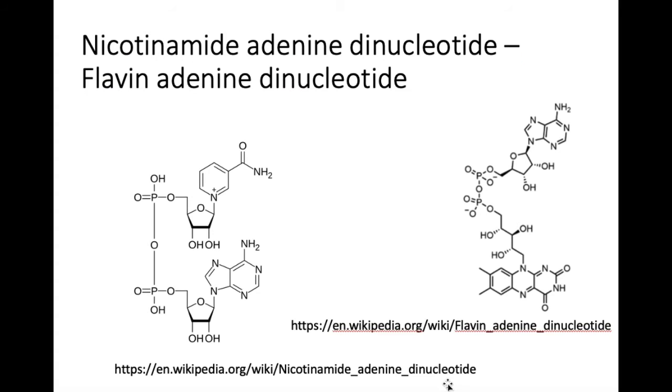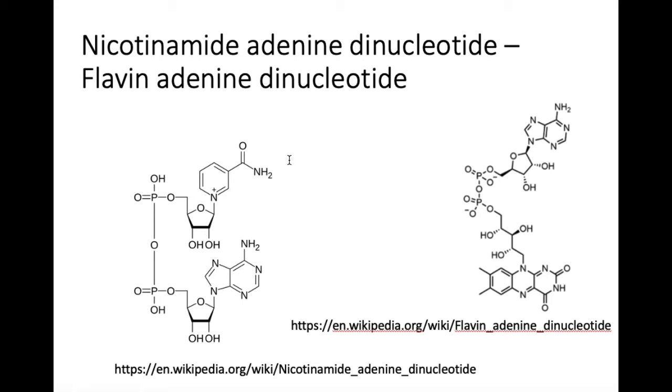So background here, you need to know what NAD and FAD are. Nicotinamide adenine dinucleotide and flavin adenine dinucleotide. The reason why they're called these is because you have a base, a sugar, and a phosphate, and there's two of them. And that's why it's called dinucleotide. Once again here, base, sugar, and phosphate, two of them, dinucleotide.